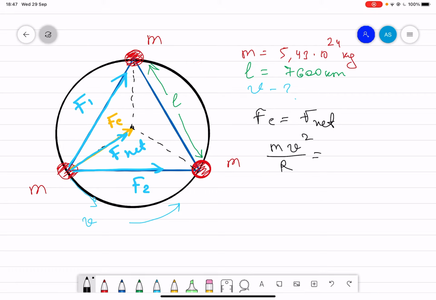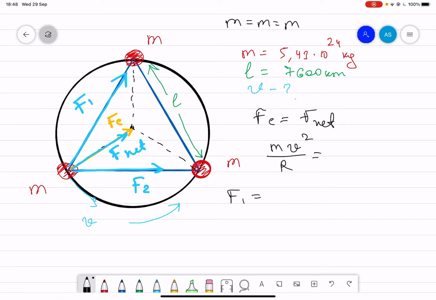So how can we find F net force? Before finding F net force, let's find the F1 force. F1 force is equal to, since masses are the same, the m's are the same.